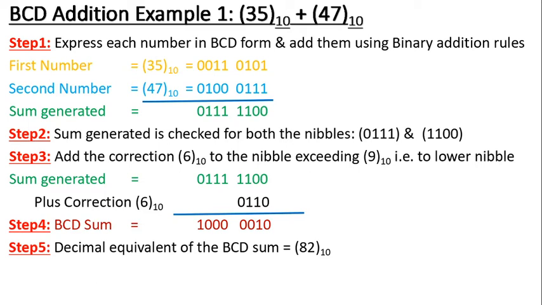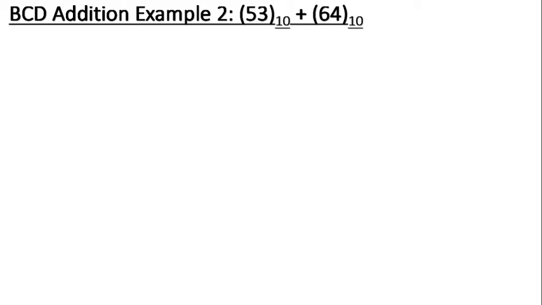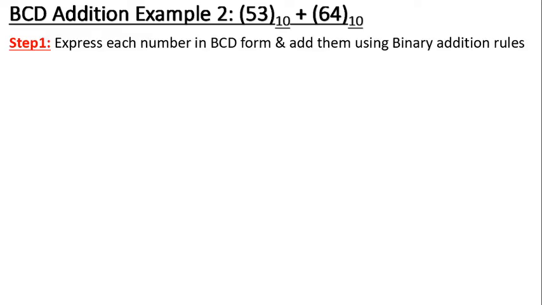Now there are various cases which I want to take up in BCD addition, so in the subsequent examples we will see. So here is BCD addition example 2. The numbers are changed here: 53 decimal as the first number and 64 decimal as the second number. As usual, step number 1, express each of those numbers in BCD form and add them by using binary addition rules. So here is the first number 53 decimal.